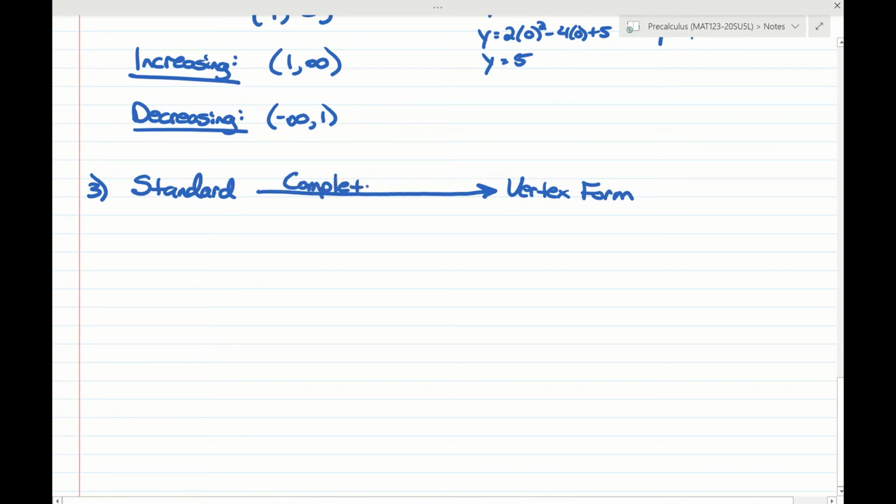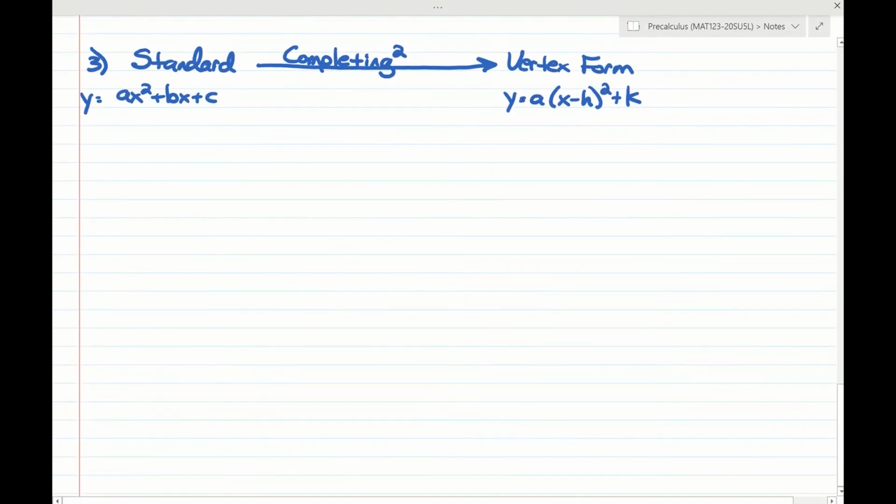We're going to be completing the square. Remember, standard form looked like this, and vertex form looked like this. Okay, so our example is going to be this.